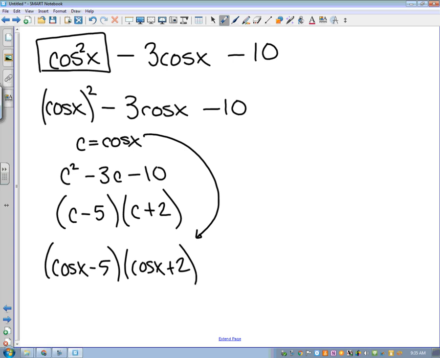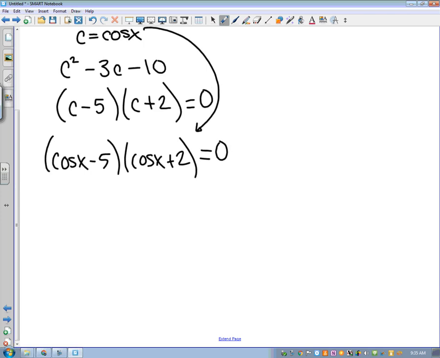Now, the reason that we're talking about this is that if I made this an equation by making it equal to 0, and I'll just put equals 0 at every step here. This bottom line has a big advantage because if I have the red factor and the blue factor equal to 0, then one of those factors has to be 0.